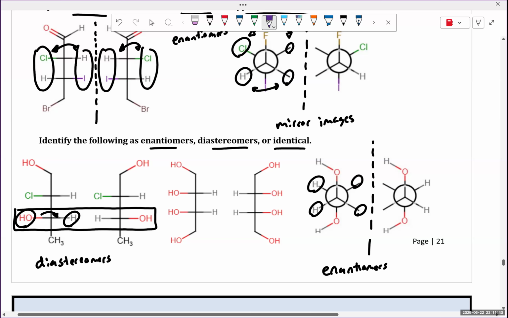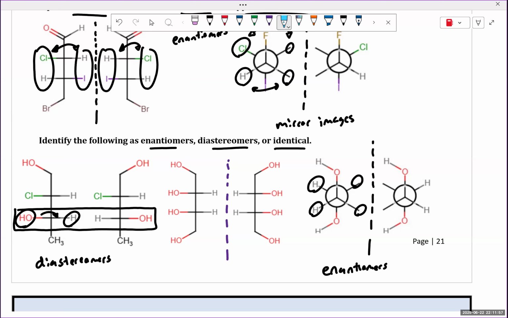That is planes of symmetry. In addition to the fact that these Fischer projections look like mirror images, if we look individually, this molecule contains a clear plane of symmetry.